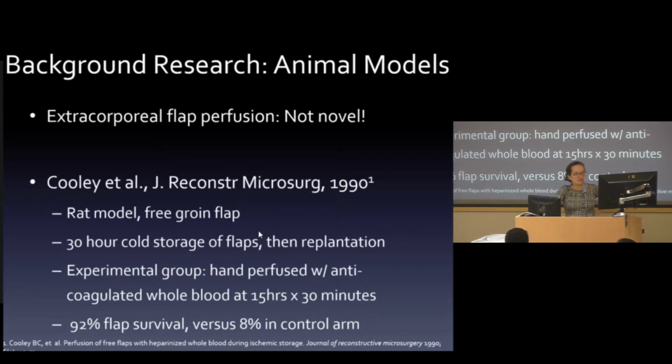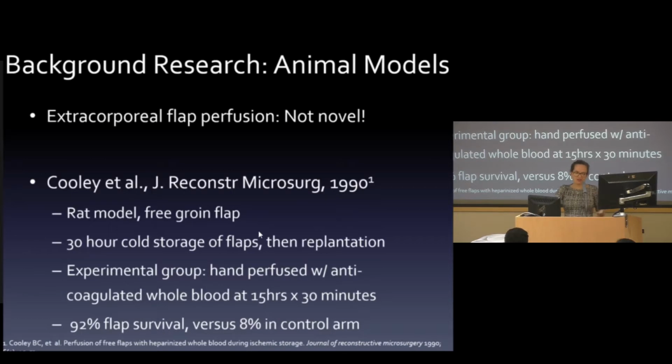The first reported case of it is by Cooley et al. in 1990. This is a lab study where they used a rat model and free groin flaps from the rat, which again are not muscle flaps, so their ischemia tolerance is higher. They did a 30-hour cold storage of the flaps followed by replantation and looked at flap survival.